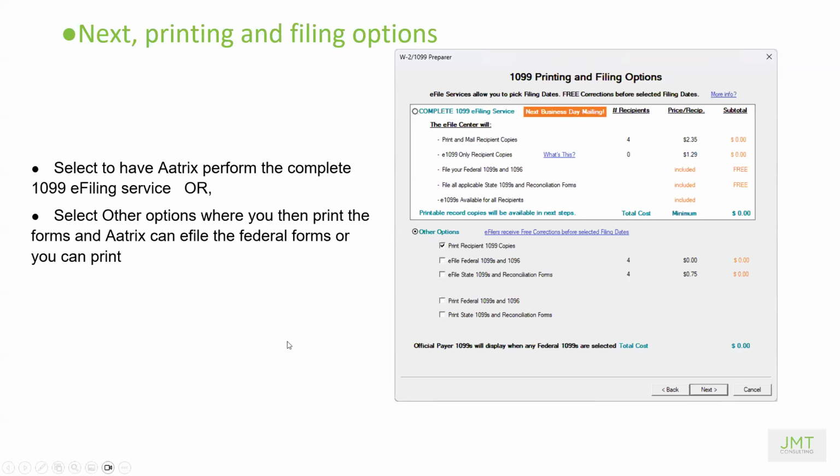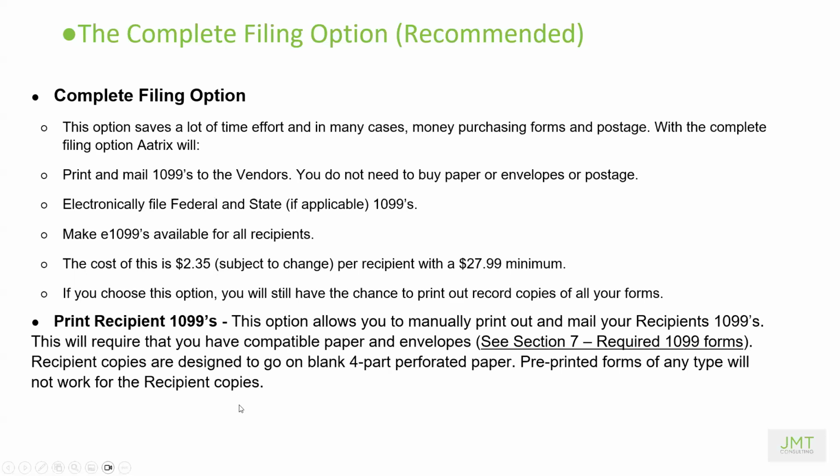Some of the other options, here's the breakdown of what is provided for each option. The complete filing, they'll do everything. They'll do the print and mail 1099s, which is nice because you don't have to worry about getting the right paper or envelopes or postage and making sure everything is aligned.